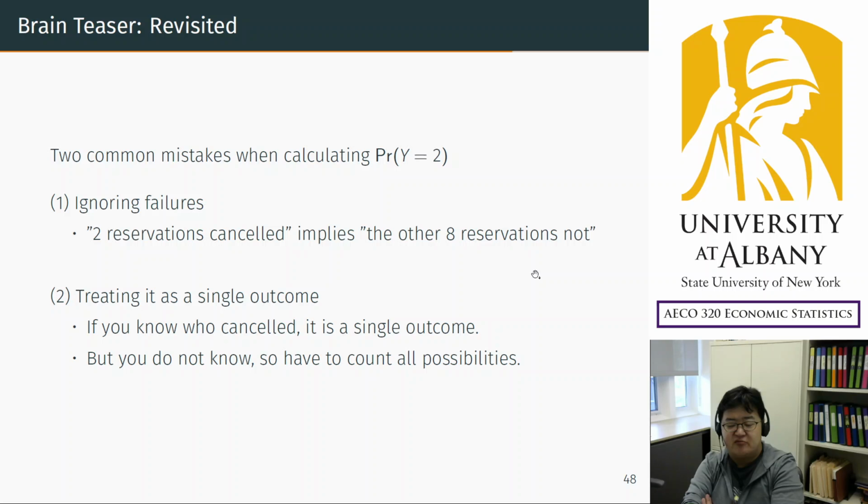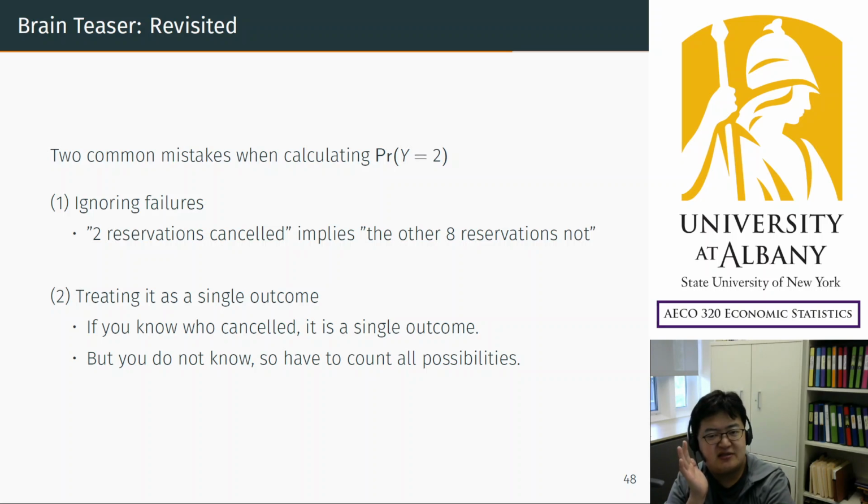And last remarks. When you think about the binomial distribution, it's a common example in our life. Two common mistakes are made. One is, when I say the probability that there are two cancellations, often people ignore the failures.